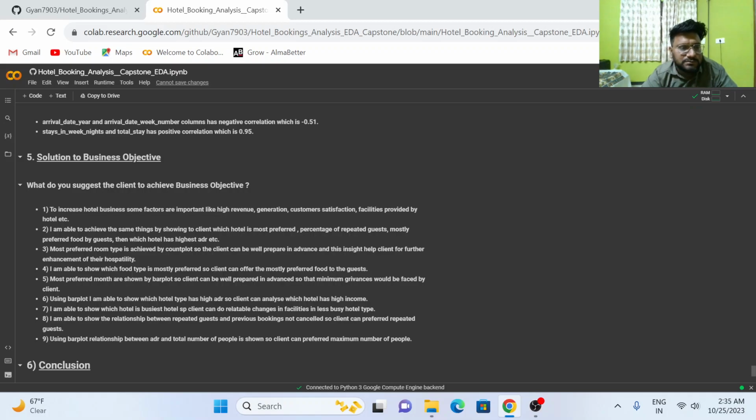Using the bar plot, I was also able to show which hotel type has the highest ADR, so the client can analyze which hotel has the highest income. Next, which hotel was the busiest, so that the client can make relevant changes in the facilities of the less busy hotel types.